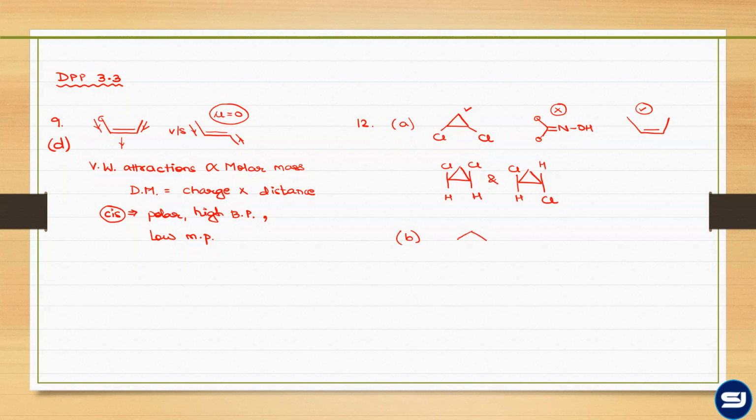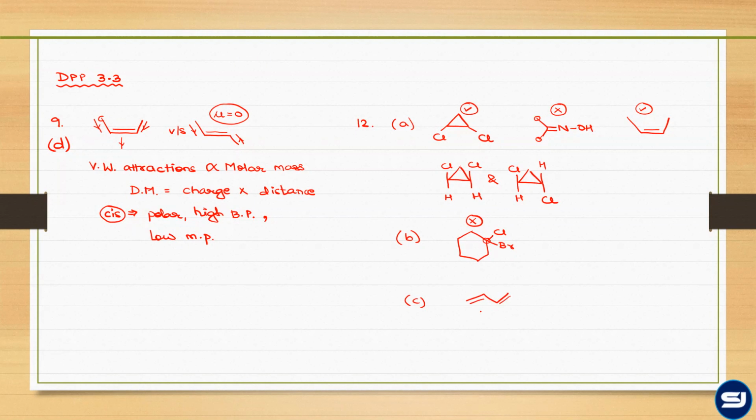In B, the first one is 1,1-chlorobromocyclohexane. If two substituents are on the same carbon, does it show GI? No, so this is also ruled out. In option C we have the first option as butadiene.